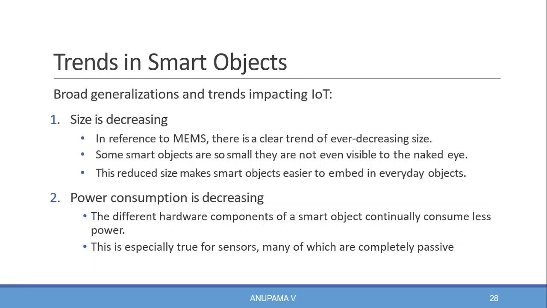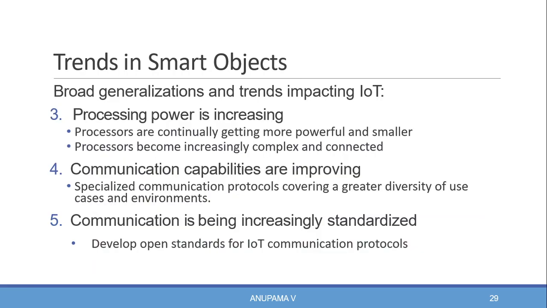Now let us see broad generalizations and trends impacting IoT. The trends in smart objects are: size is decreasing, power consumption is decreasing, processing power is increasing, communication capabilities are improving, and communication is being increasingly standardized.